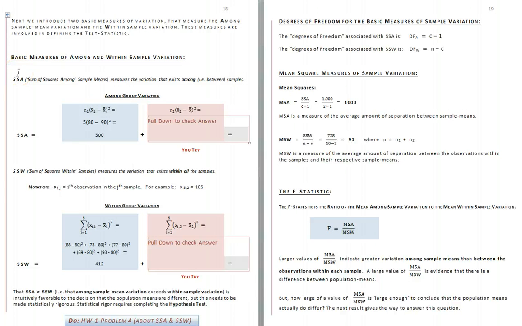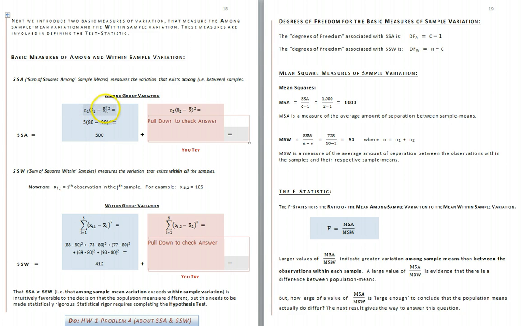The first measure of variation that we're going to develop is SSA, the sum of squares among sample means. What SSA measures is the amount of variation that exists among the sample means. So it's going to take the first sample mean, compare it to the grand mean, square that difference, and then multiply it by the number of observations in the first sample.